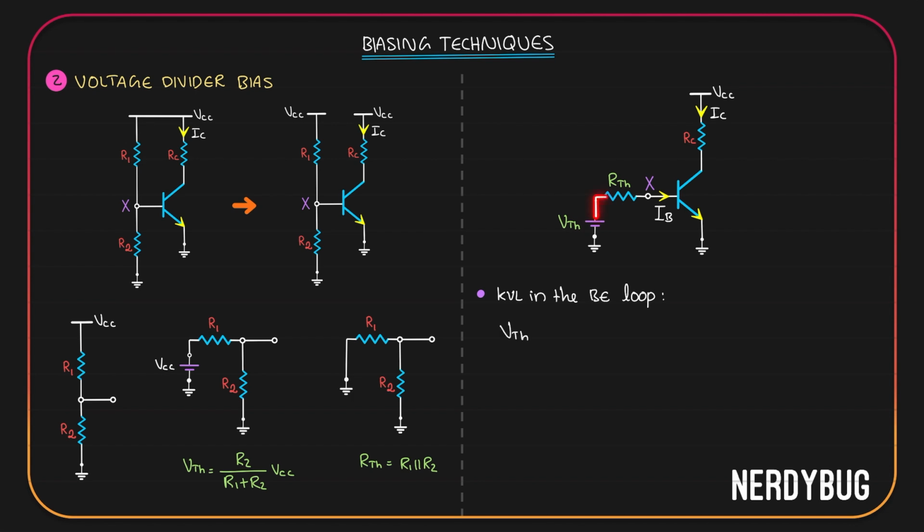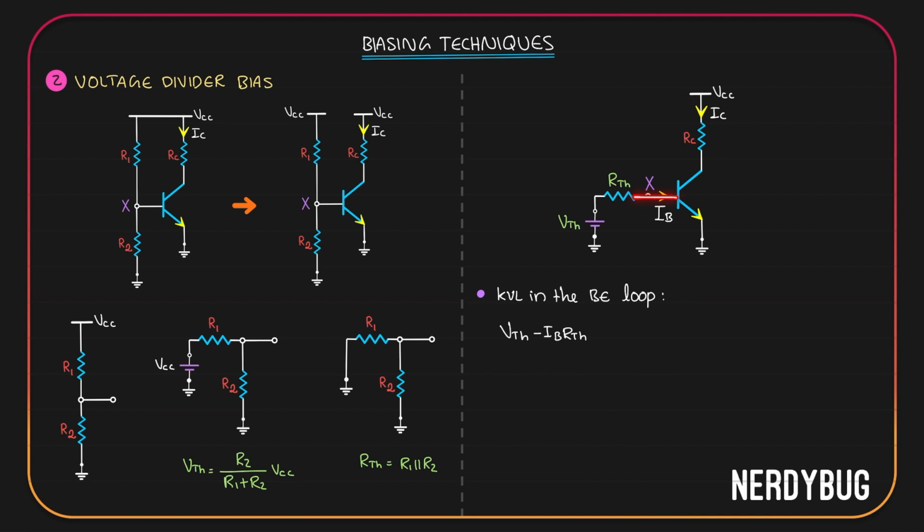As I go on, I can see there is a resistor RTH, so obviously some voltage drop is going to be there. The current flowing through RTH is our base current IB. It is flowing in this direction. So the resistor should have positive potential here, negative potential here, which means the potential drop across it is opposite to VTH. So I will write minus IB RTH.